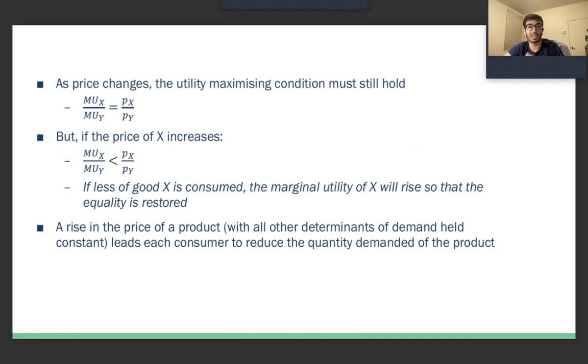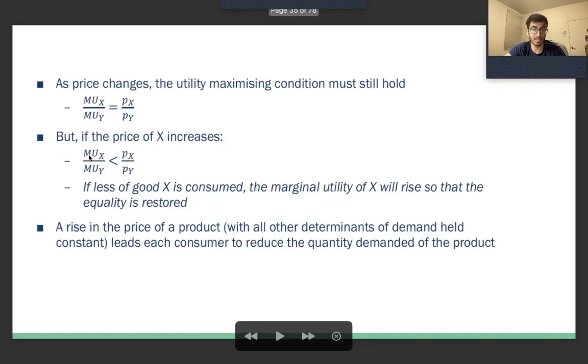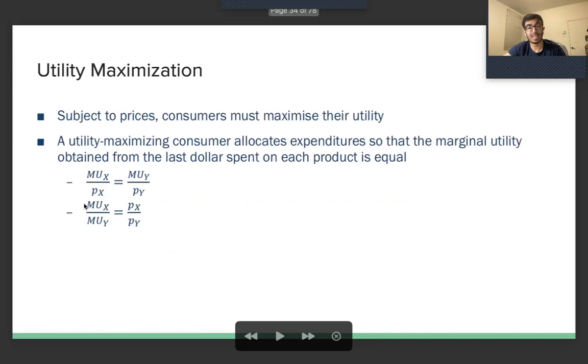The reason is that, let's say this is the condition we have. So the ratios are not equal. Just move Px to the denominator here and MUy to the numerator here. It's saying that this ratio, MUx over Px, is less than MUy over Py. So the additional utility I get out of y relative to what I'm paying for that additional good is more for good y.